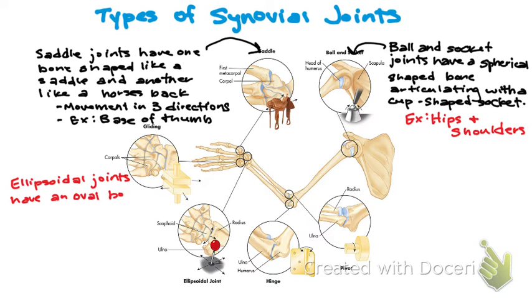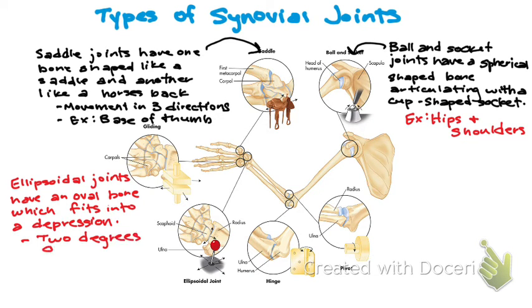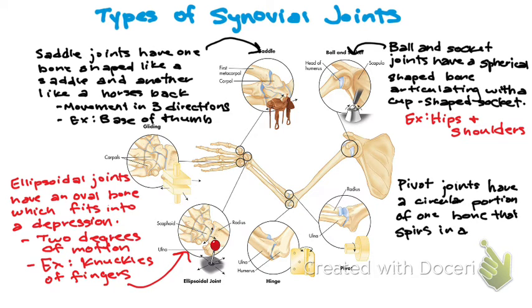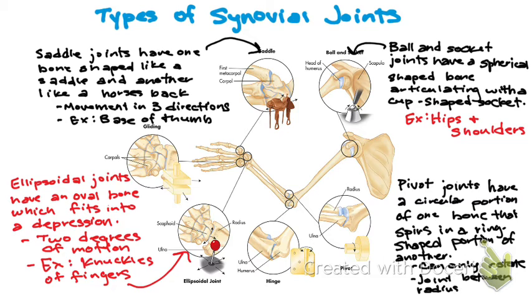Ellipsoidal joints have an oval bone which fits into a depression. This allows for 2 degrees of motion, and an example of this are the knuckles of your fingers. Pivot joints have a circular portion of one bone that spins in a ring-shaped portion of another bone. It can only rotate, and an example of this is the joint between the radius and the ulna.